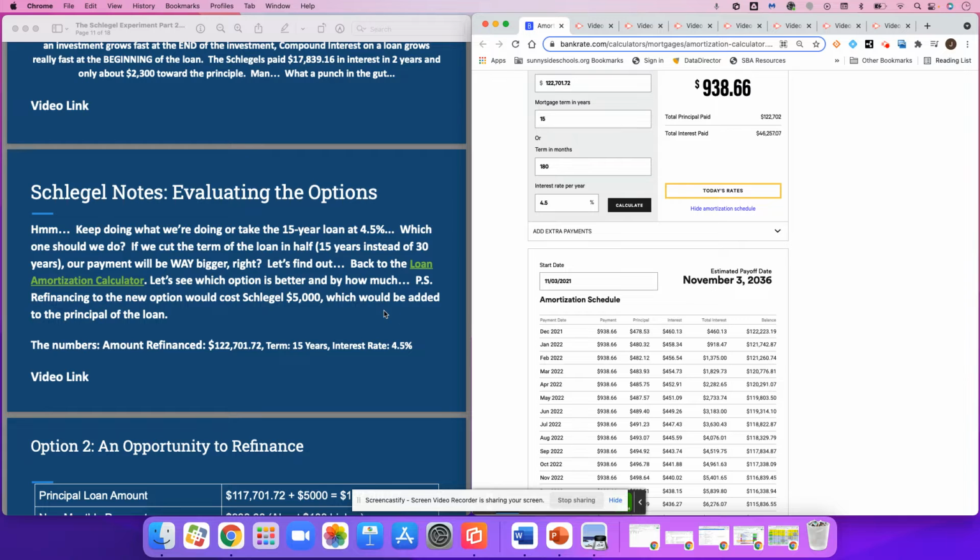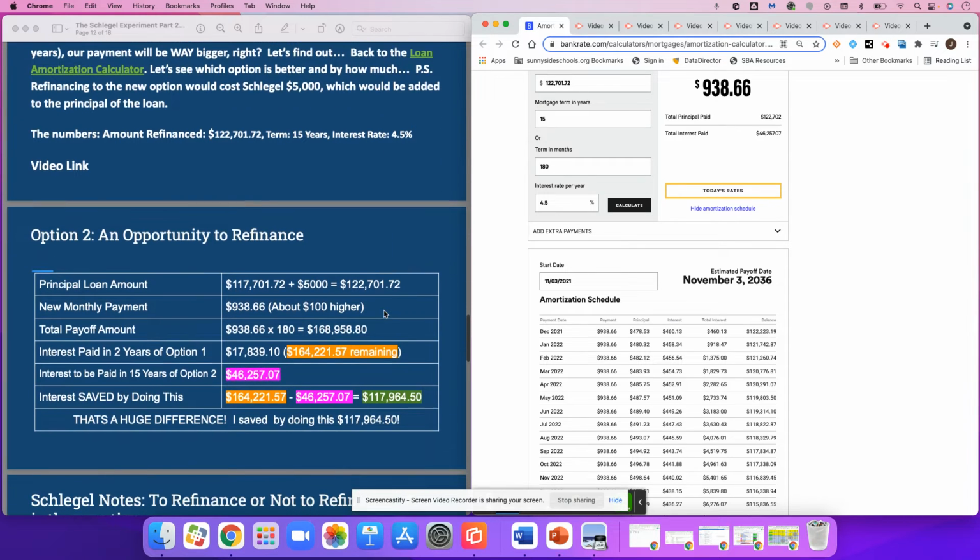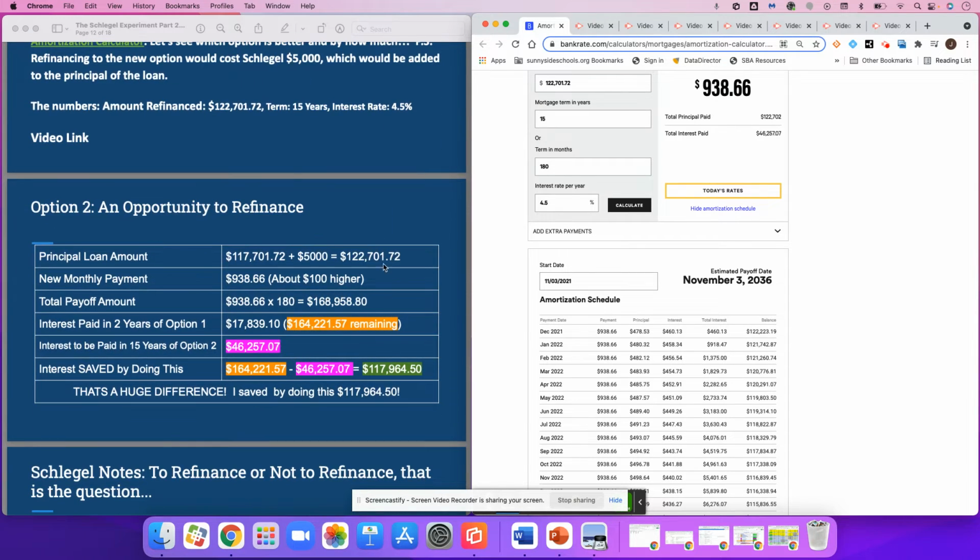And so as we come down to this table, sort of outlining what my option 2, the new loan, looks like, if I were to take that option, I would need to borrow $117,701.72 plus the $5,000 that it costs to do the refinance, meaning a total loan of $122 and some change. My new monthly payment is about $100 higher at $938.